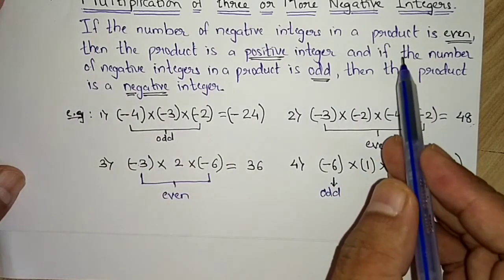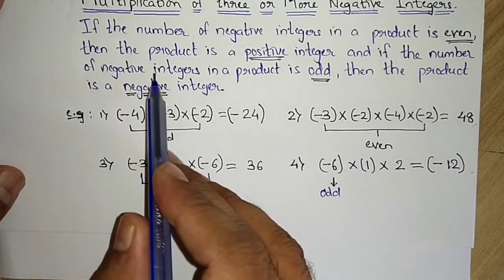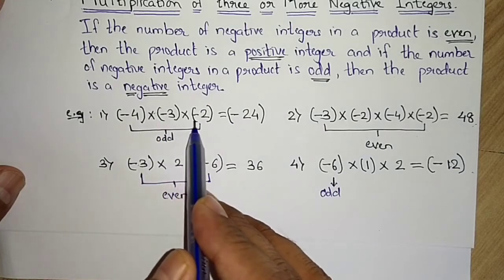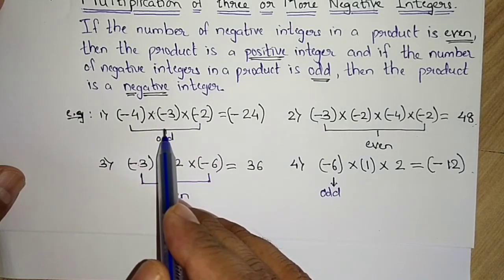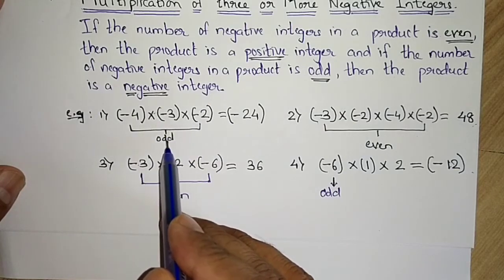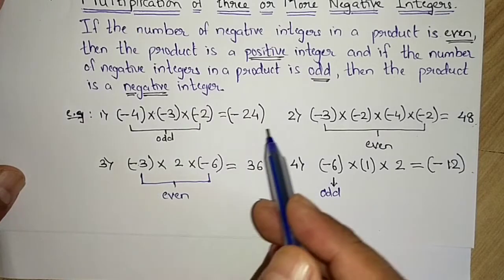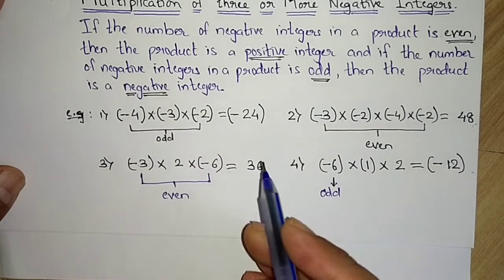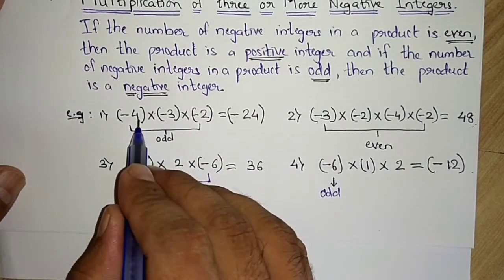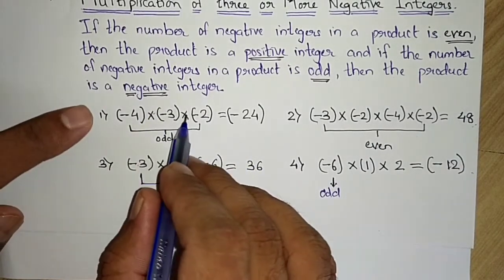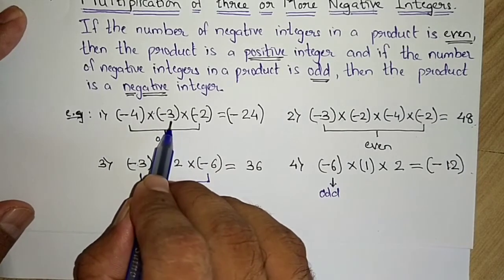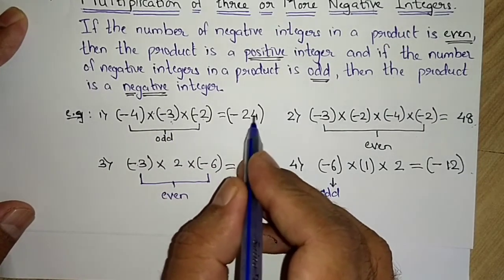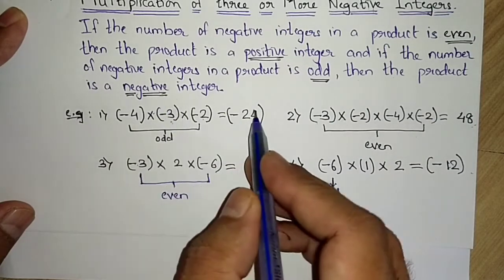So if the number of negative integers in the product is odd, then the product is a negative integer. That means you are supposed to multiply the whole numbers, ignoring the minus sign. 4 3s are 12, 12 2s are 24. Write the 24, and what have they told us? Negative.